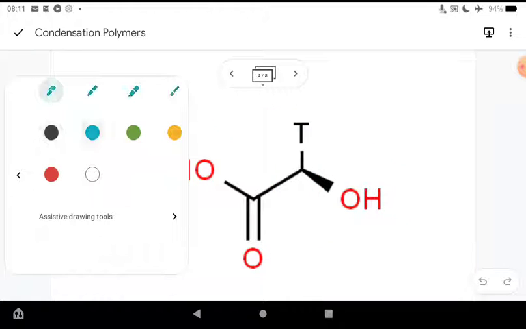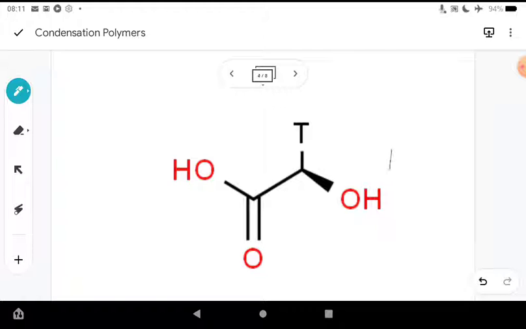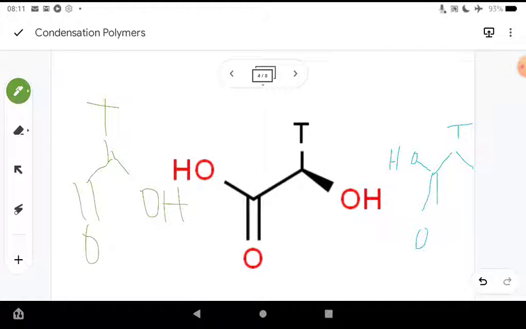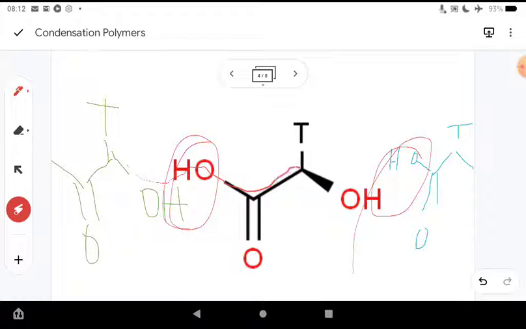So if I take the same molecule and I put one there and I put one there, then what I will do is take the water off, and you're left with this continuous chain, and that's my polymer.